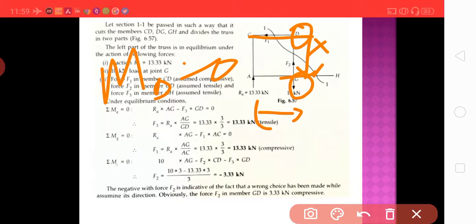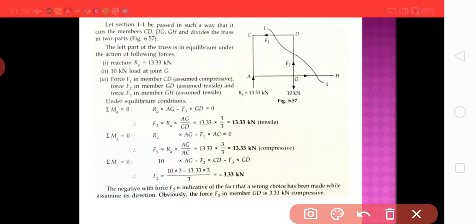Its line of action is this one, and the moment center's vertical distance is this one. So F1 equal to RA into AC upon AG upon AC, that is 13.33 into 3 upon 3, which again comes out to be 13.33.